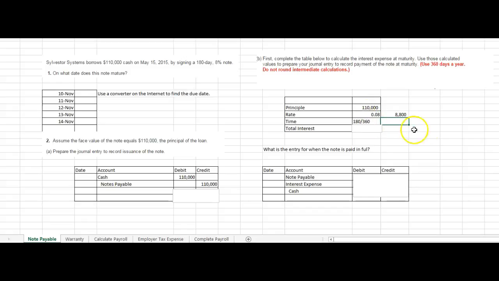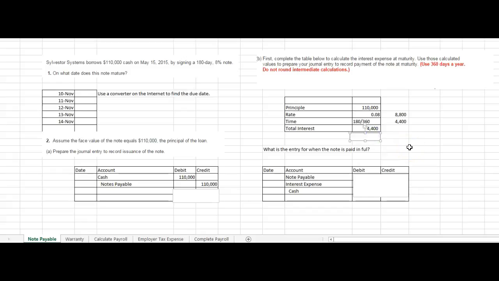I want to know what it is for 180 days. So I simply do 8,800 times 180 divided by 360, which gives me total interest due on this note of $4,400.